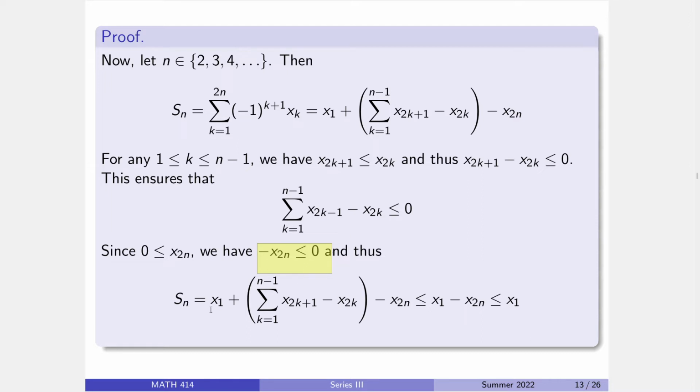So these are non-negative, and so then this is non-negative, and we're subtracting off something positive, so it's got to be that I'm just bounded above by x sub 1, as claimed. Beautiful. All right, nice. So we have now established that these things are convergent. They're monotonically increasing and bounded above, so they converge to something.